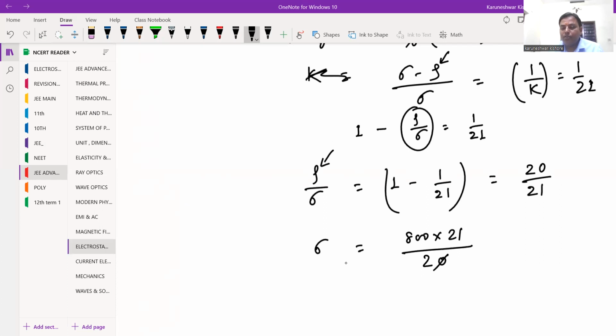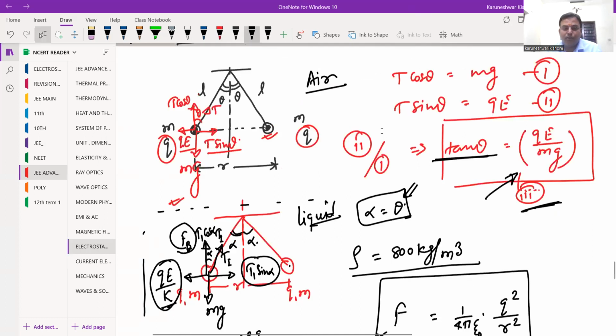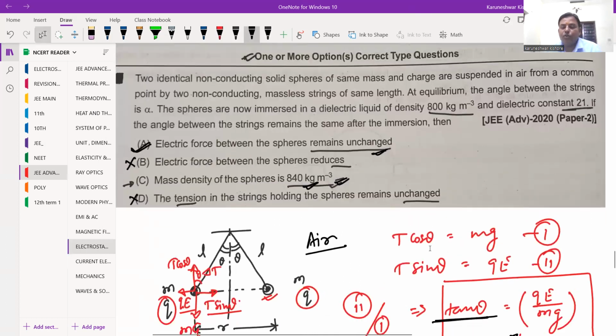So this 0 cancels, and we have 40. So the final result will be 21 into 40. So 4 into 2, it will be 8, and 4 into 1, it is 4, and then 0. So it is 840 kg per meter cube, which is there in option 3. You can see here, which is there in option 3, 840 kg per meter cube.